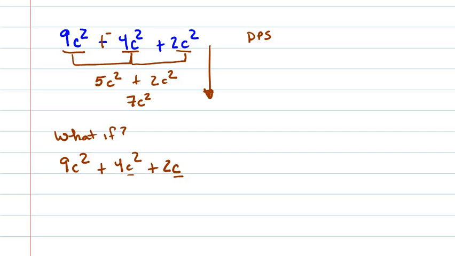So in this expression, I can only add the like terms 9c squared and 4c squared. That would give me 13c squared plus 2c, and this would be as simplified as I could make this particular expression.